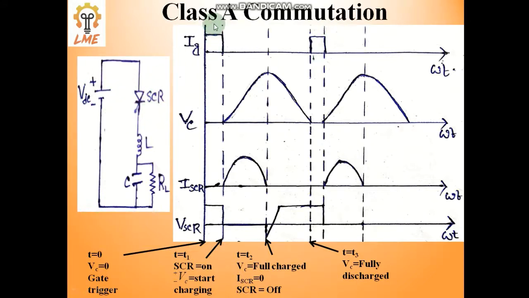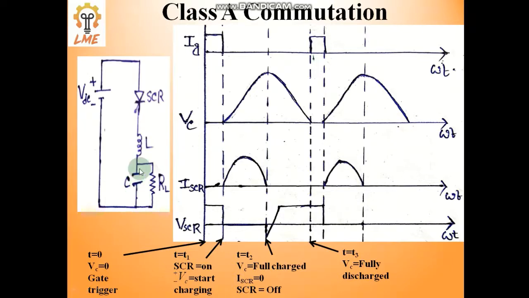In this way commutation is possible. This is known as class A commutation. In this way we can turn off the SCR while the supply is DC. From the start, voltage and current build up through this SCR and this C, and the capacitor starts charging with the upper plate positive and the lower plate negative.